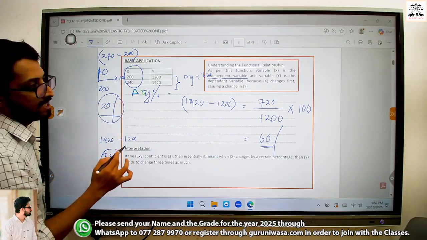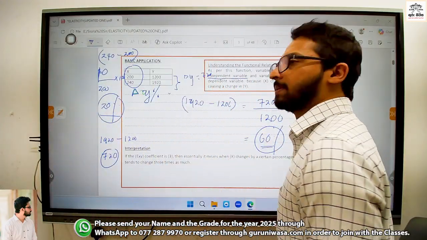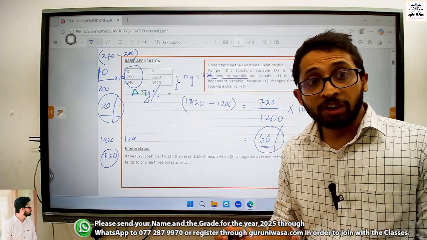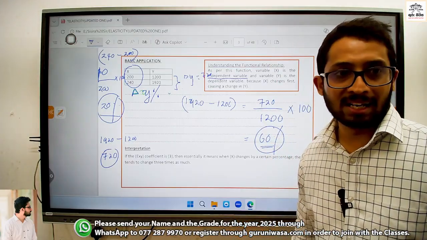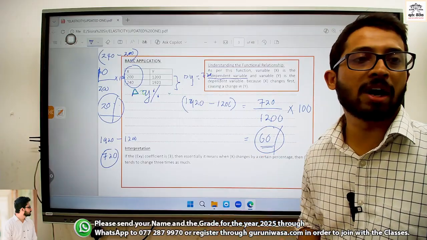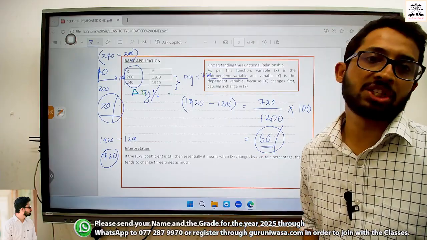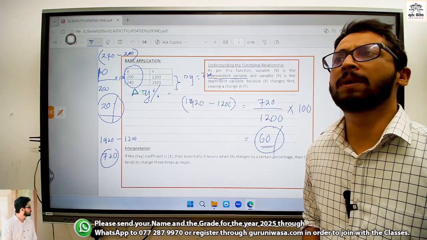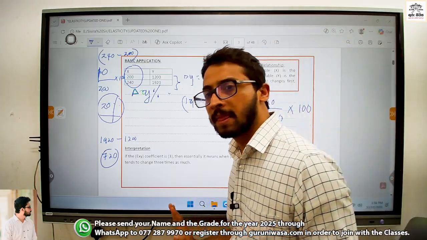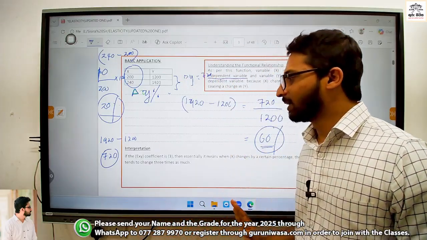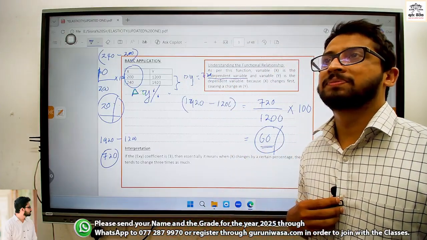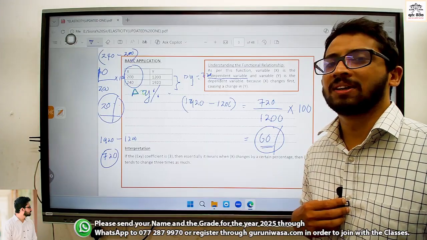Now, my basic requirement is okay. What is a basic requirement? Before we calculate whatever elasticity, remember the basic requirement is to calculate the percentage changes. Right.